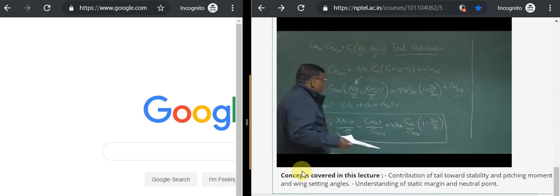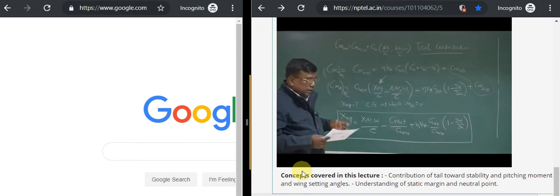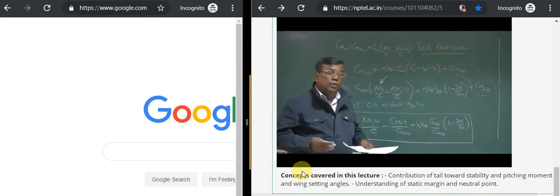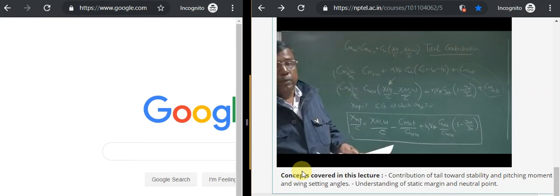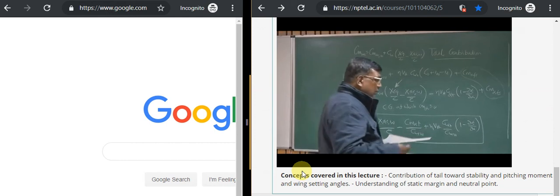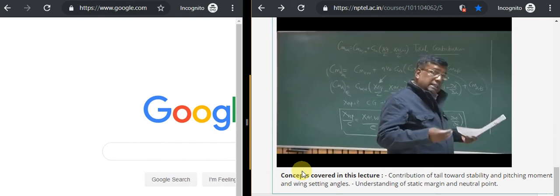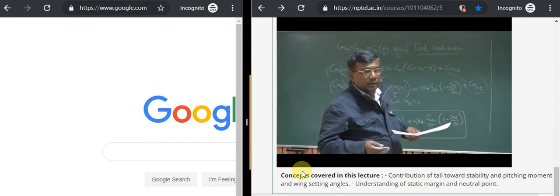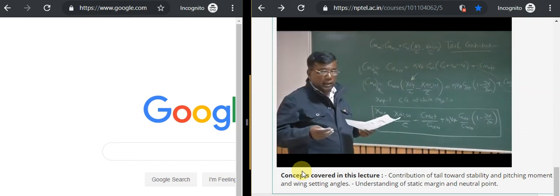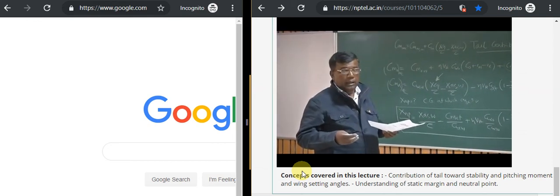It's very important because in no case should CG go beyond the neutral point. But if you want to make it statically stable, you need to have the CG of the airplane a little ahead of the neutral point. How much ahead is something you have to plan. That is the stability margin.